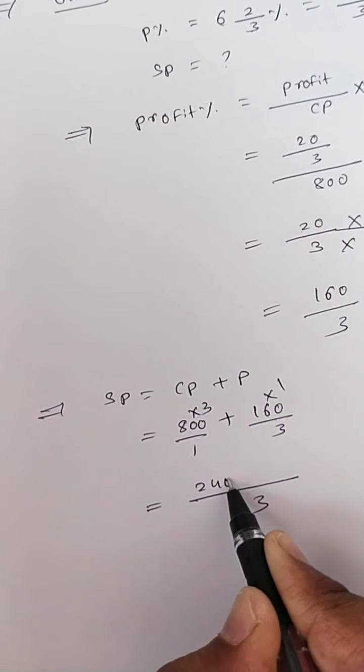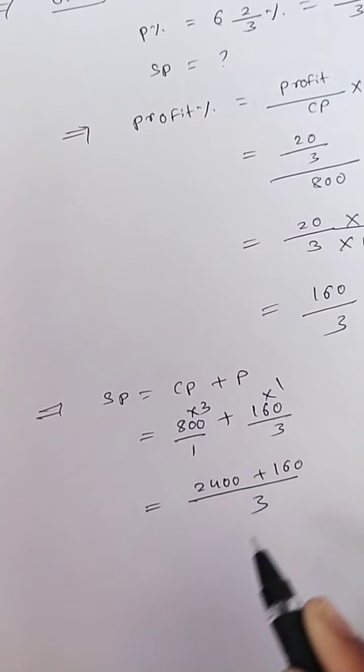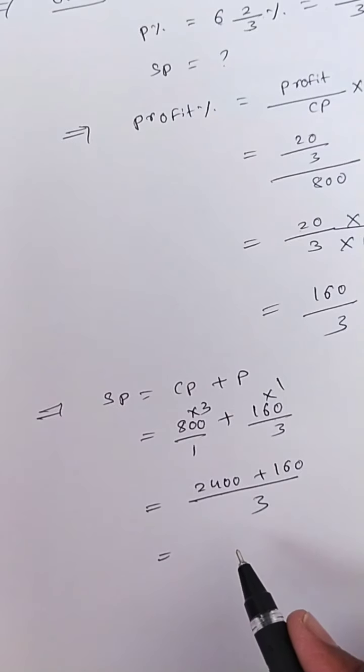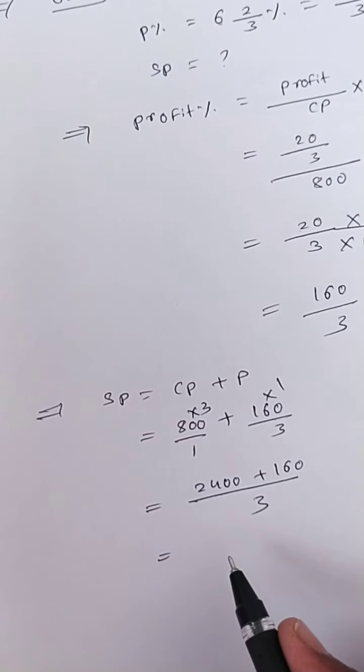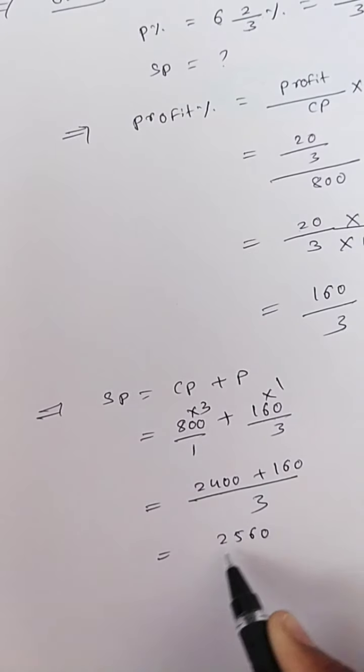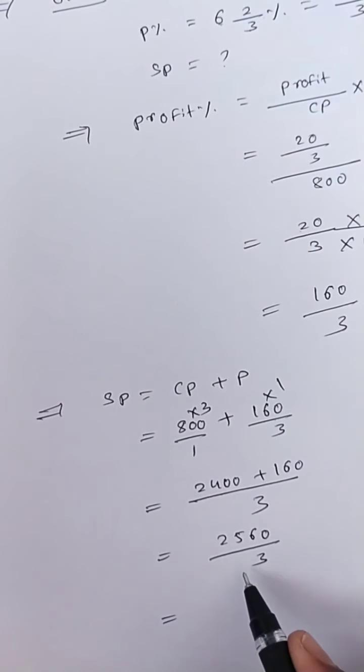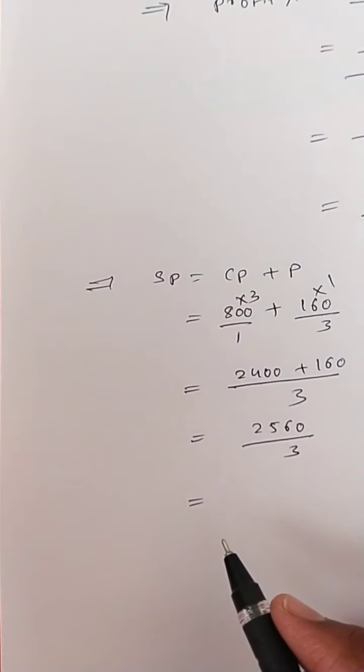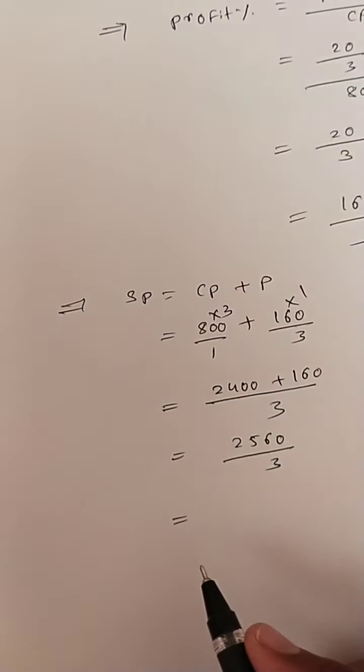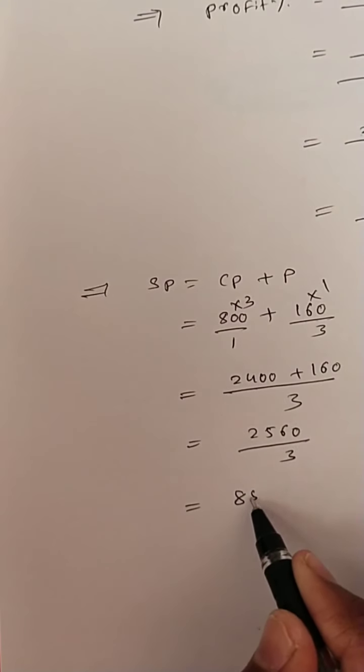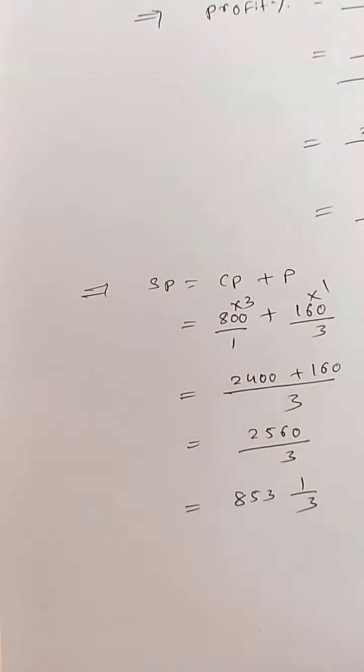So you get 2400 plus 160. Just add this, and you are getting 2560 divided by 3. If you convert this in the form of mixed fraction, you are getting 853 integer 1 by 3.